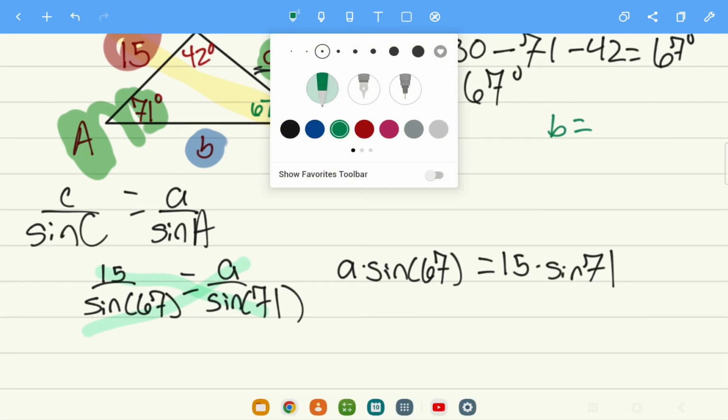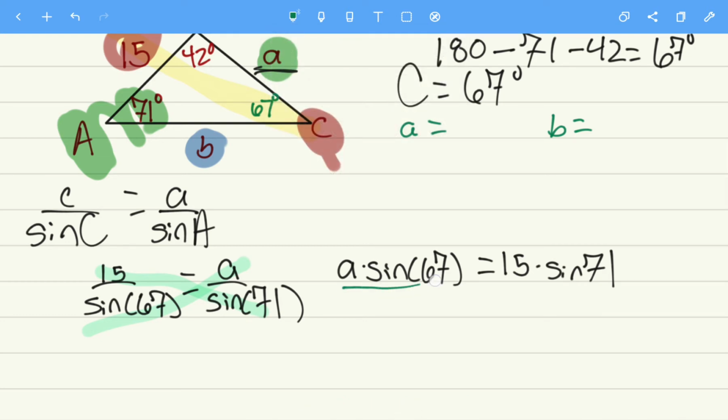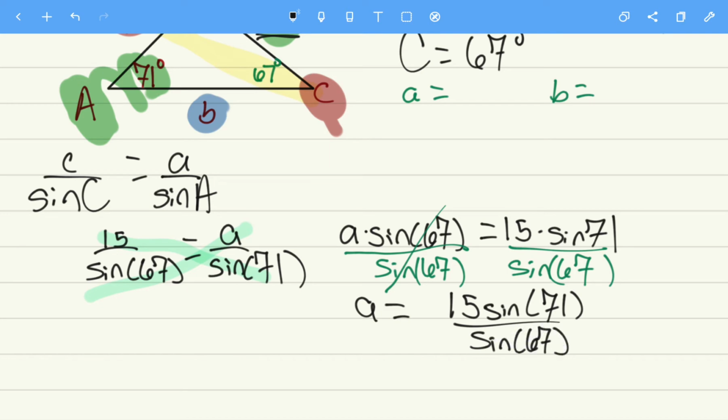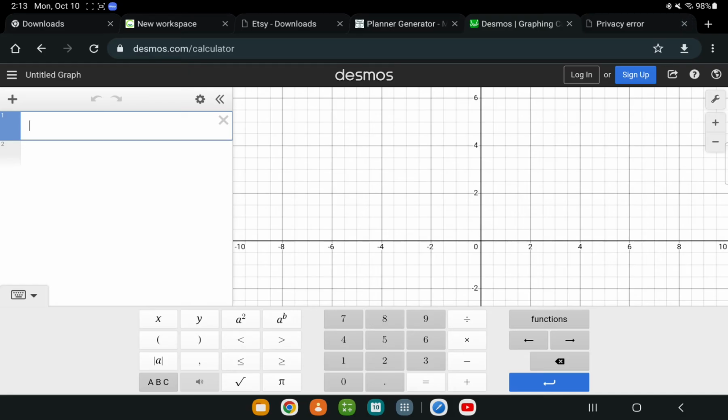And then I want to get a alone, so I am going to go ahead and divide both sides by sine of 67 to cancel this out. That leaves us with a equals 15 times sine 71 over sine 67, which we can just plug into a calculator.